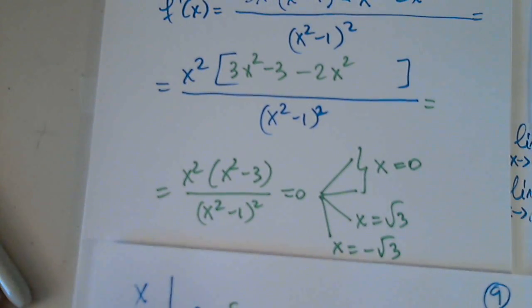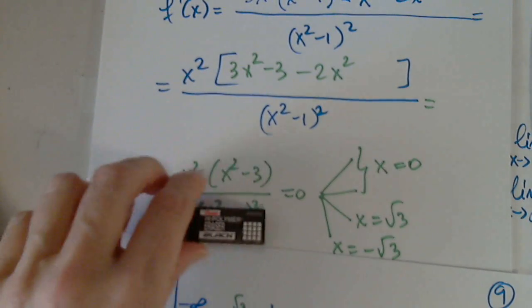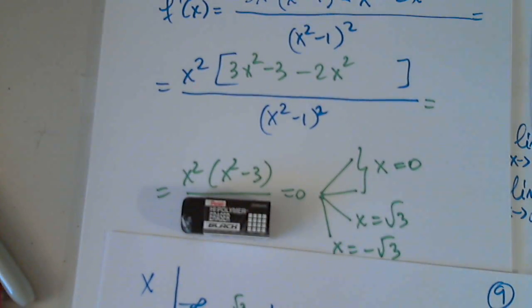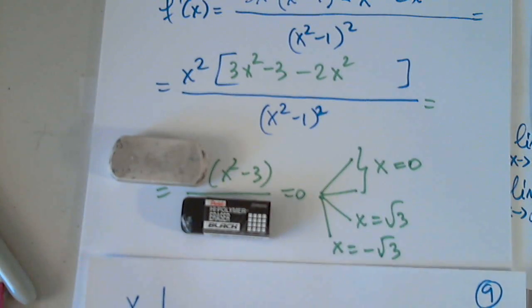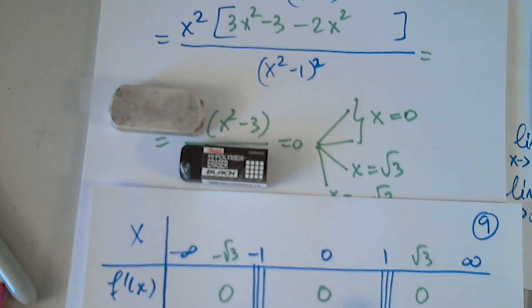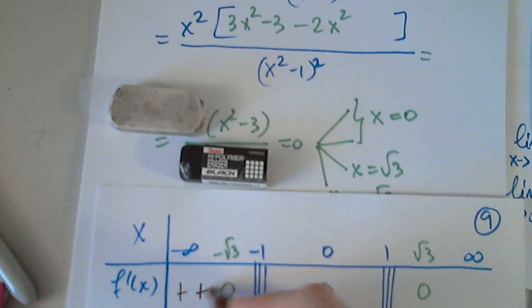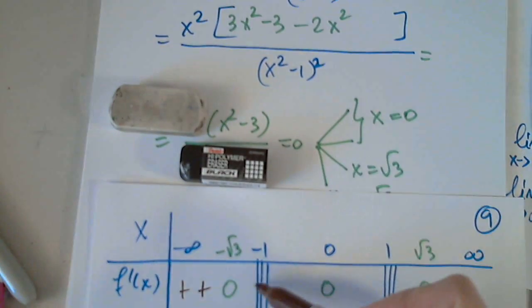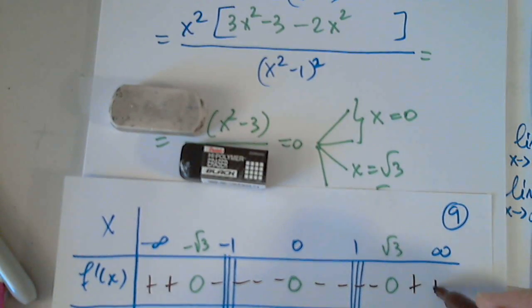Studying the sign now. But that is not ugly. Because this is always positive, I'm not going to spend my time on it. And this is only positive, I'm not going to spend my time on it. So the sign is given by x squared minus 3. So here, like negative 10, that would be positive. 0, that would be negative. And outside will be positive.